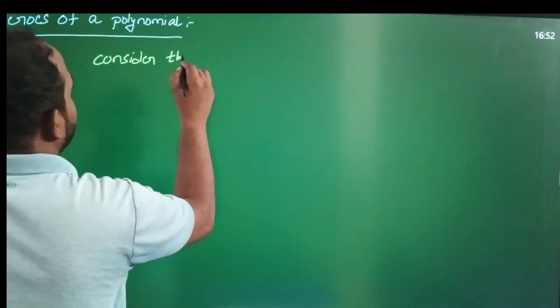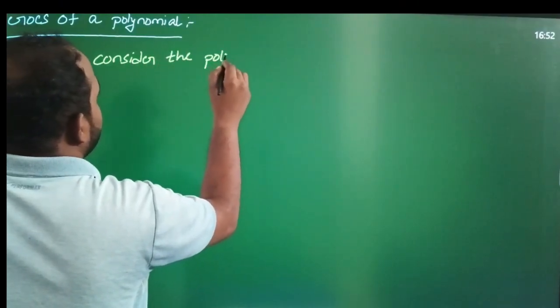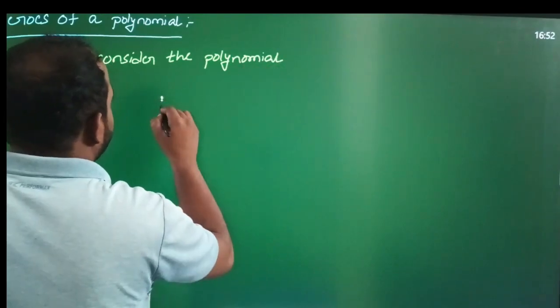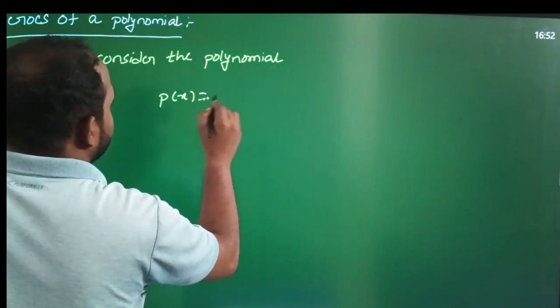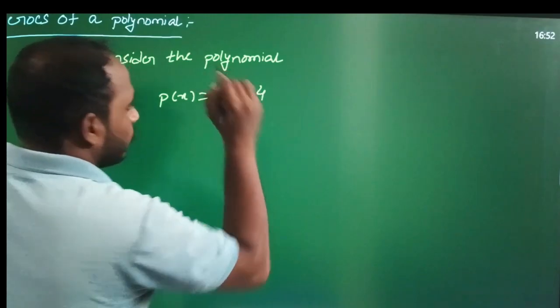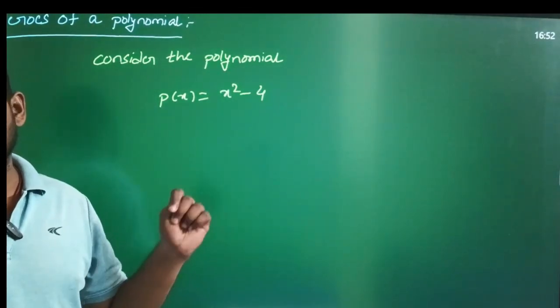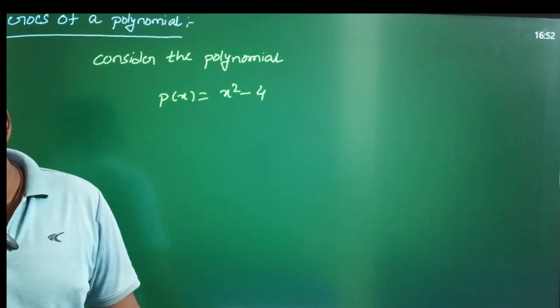Consider the polynomial p of x equals x square minus 4.